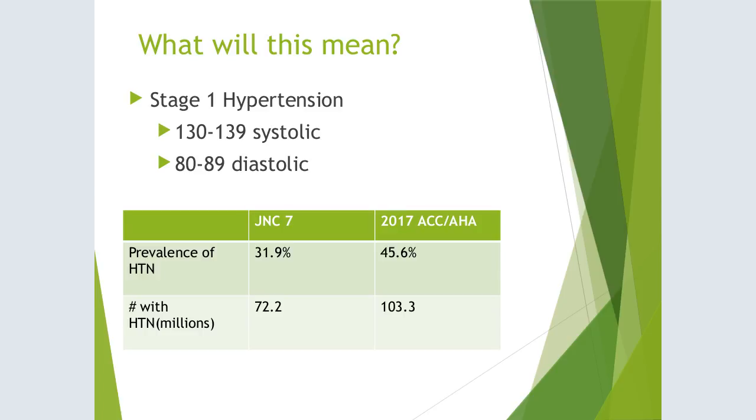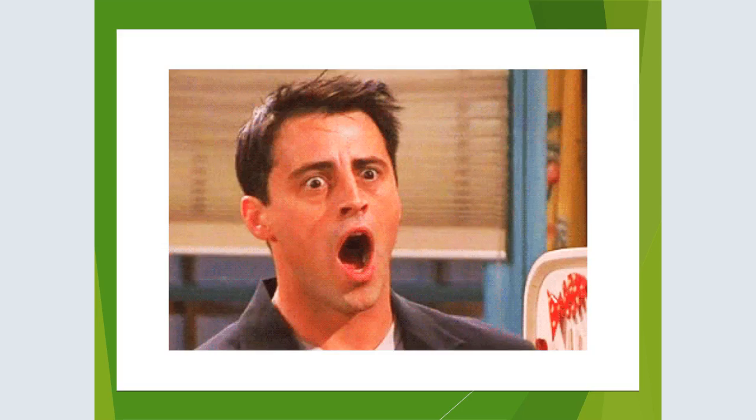So you go from 72.2 million people to 103.3 million people with hypertension. Boom. With one recommendation. That's huge. Yeah, absolutely, Kelly. You're right. 1 cup of coffee makes 100%. Those are huge numbers. That's my shock face. That still cracks me up.